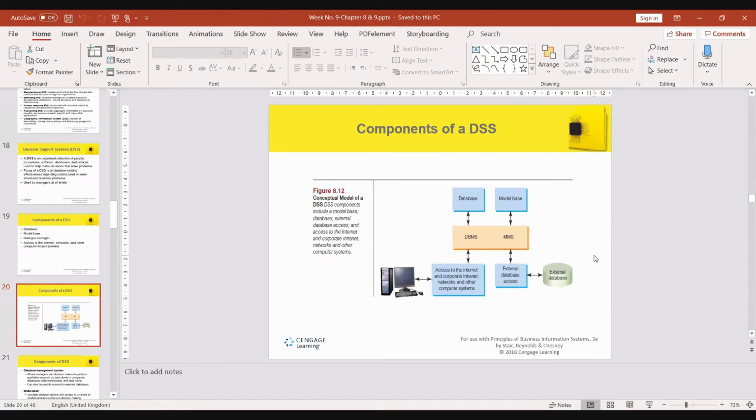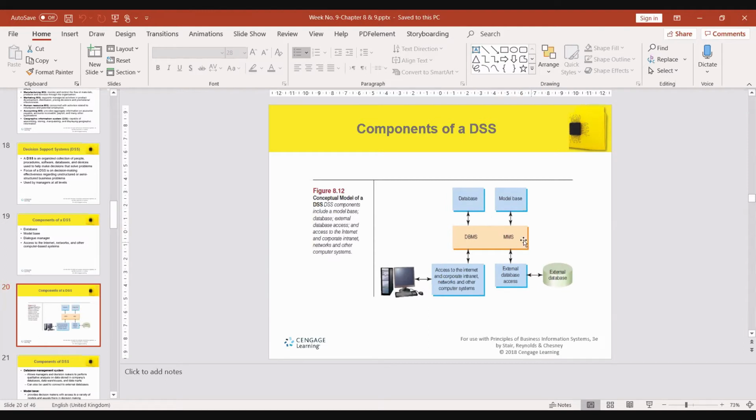In this figure, you can see right in the middle you have the DBMS and the MMS, the model-based management system. These will exchange data with your database and your model base. The model base will give you the model, which is a collection of steps written in some way, maybe in the form of a diagram, a flow chart, or an activity diagram.